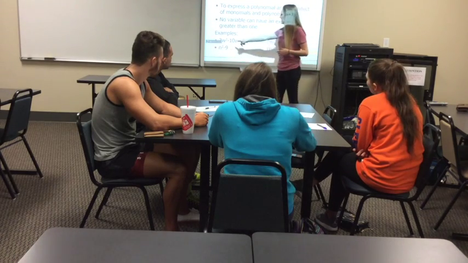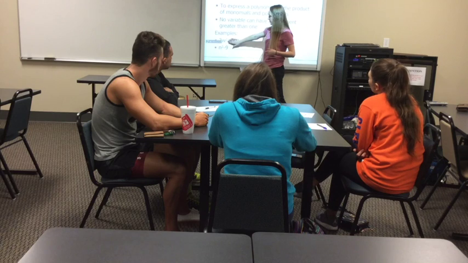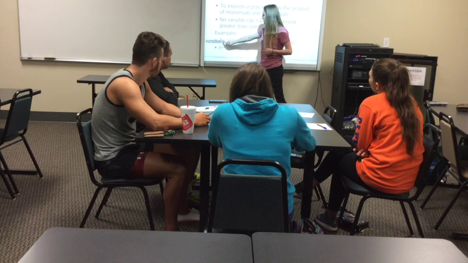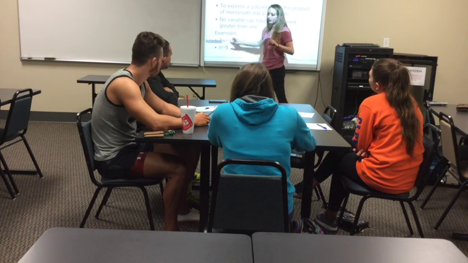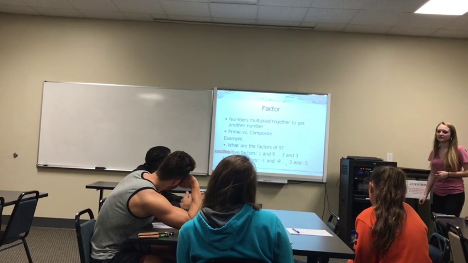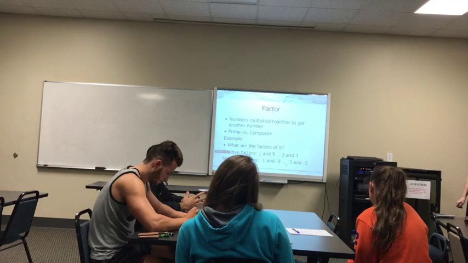What is the degree of this 3w squared? To the second power. Yeah, so when you factor this out, you want to make sure that that w becomes a combination of 2 w terms. What is a factor? Who wants to give me their definition of a factor?